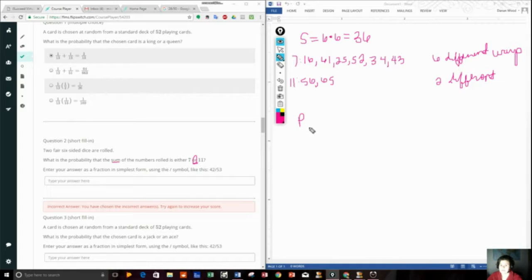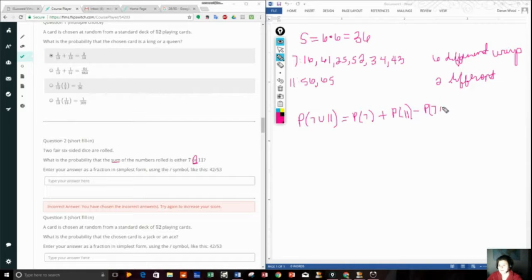And then I ask myself, well, can I have the sum be a 7 and the sum be an 11 at the same time? The answer is no. So we have an or, a union, is going to equal the individual probability of 7 plus the individual probability of an 11 minus their intersection.